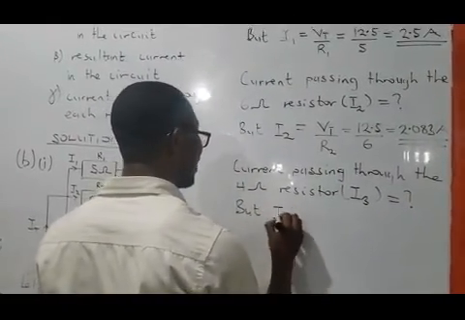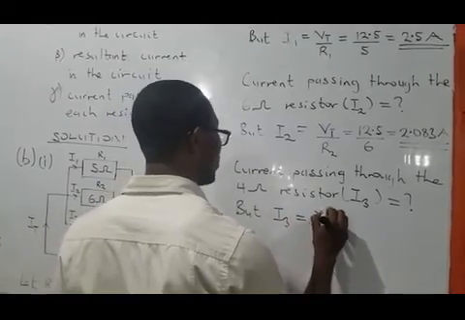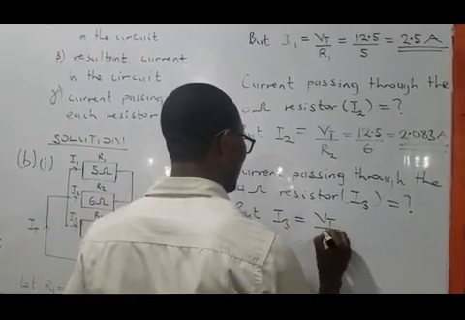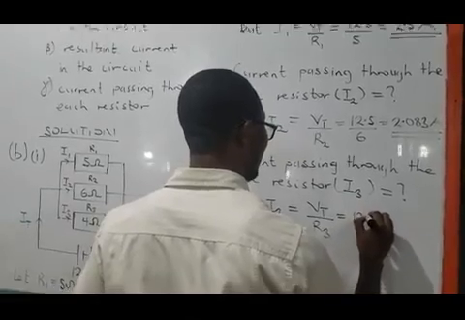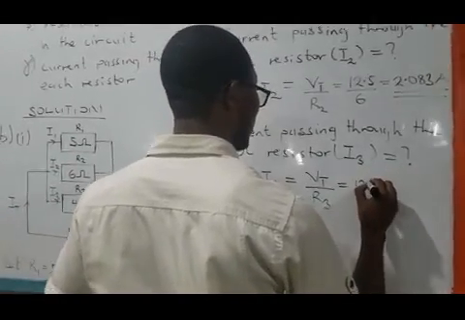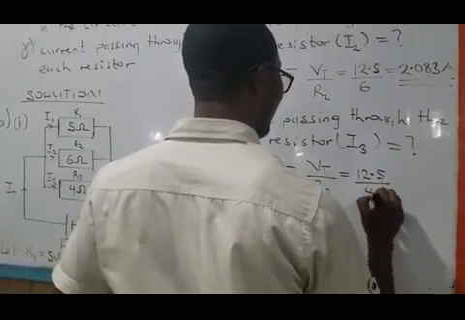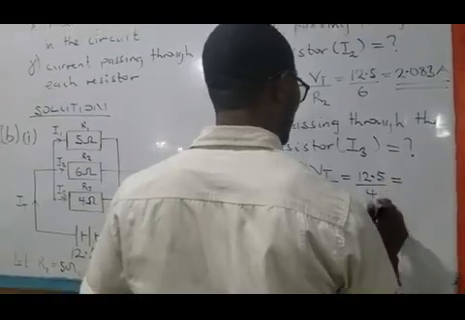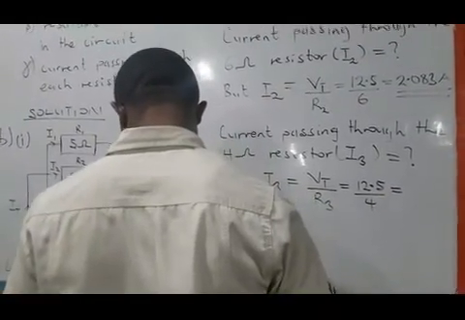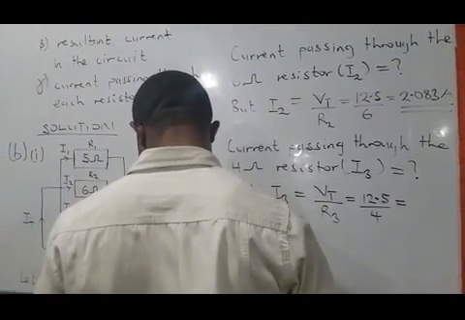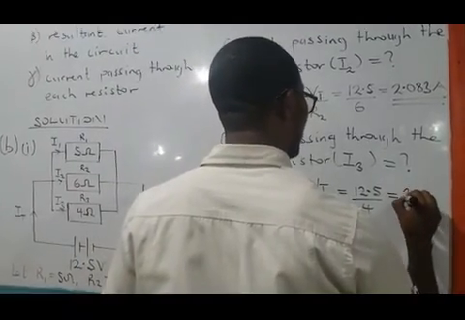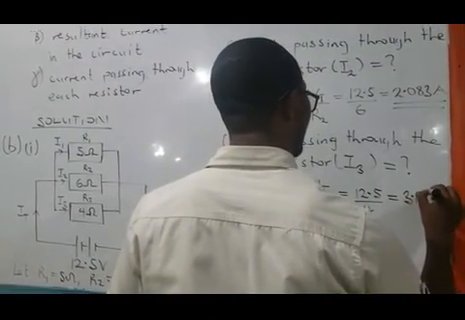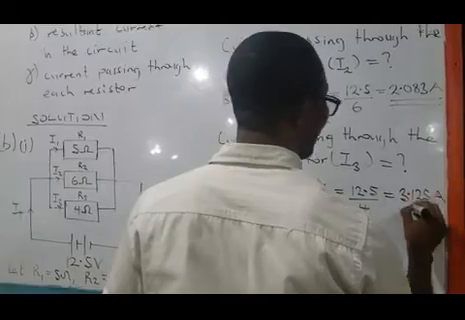So your I3 will also be equal to the total voltage over R3. So that will be 12.5 divided by 4. That gives you 3.125 amperes.